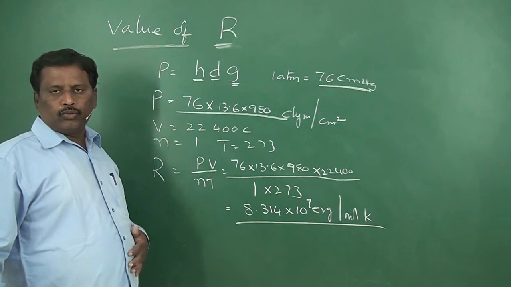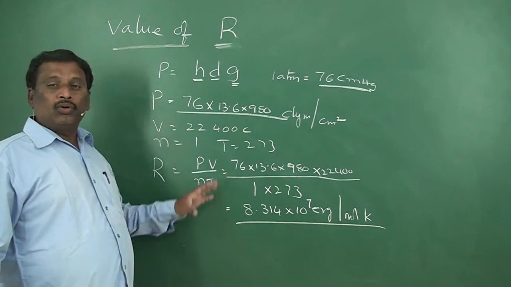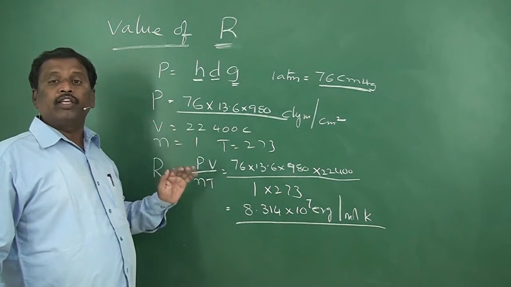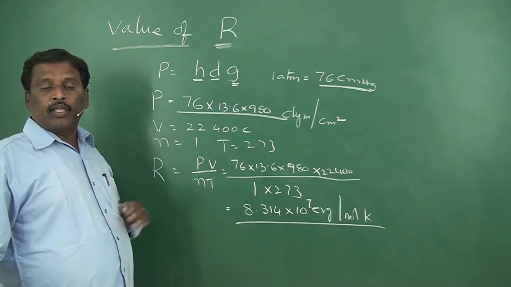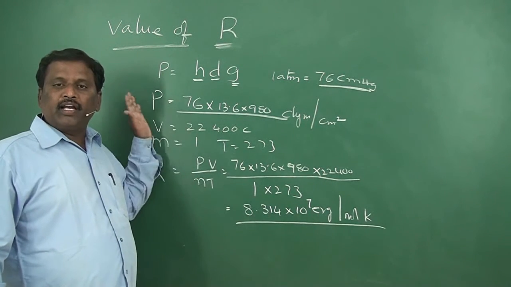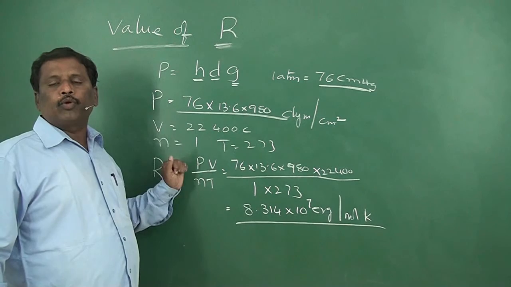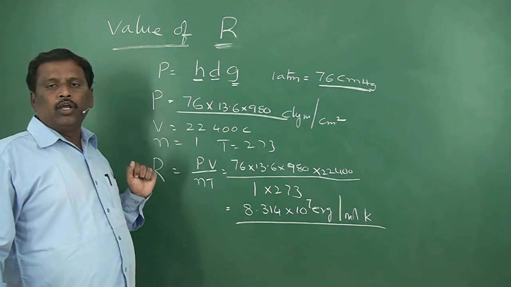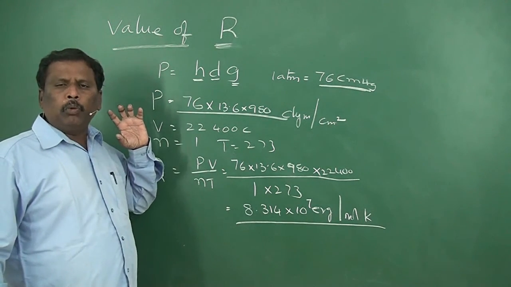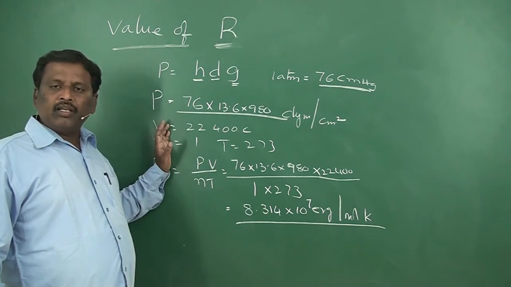This is the R value in CGS units. So we should take care while using the R value. There are many numerical values for R based on the units of pressure and volume.